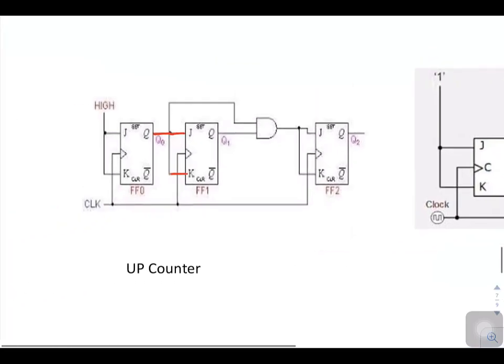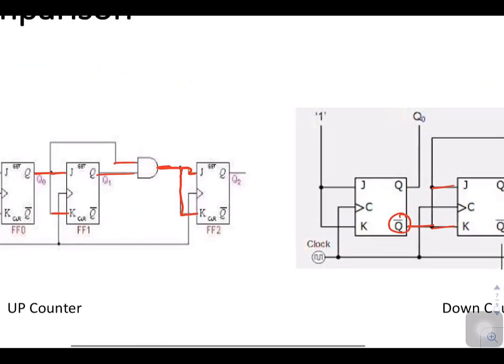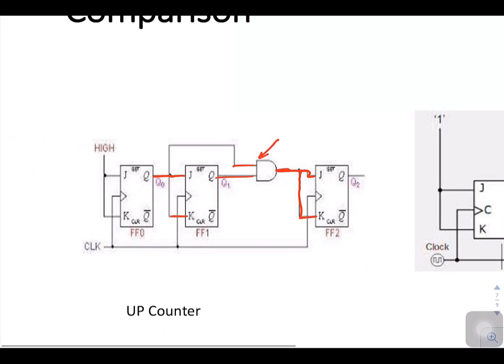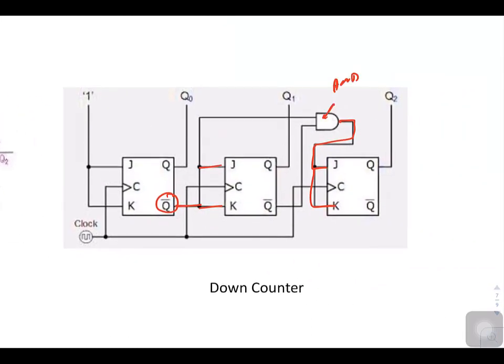Similarly here, your J and K are connected to an AND gate, but the inputs were coming from Q. Here it is again connected to an AND gate, but previously the inputs of this AND gate were Q from the first stage and Q from the second stage. But in this AND gate, the inputs are coming from Q bar. This is Q0 bar, this is Q1 bar.